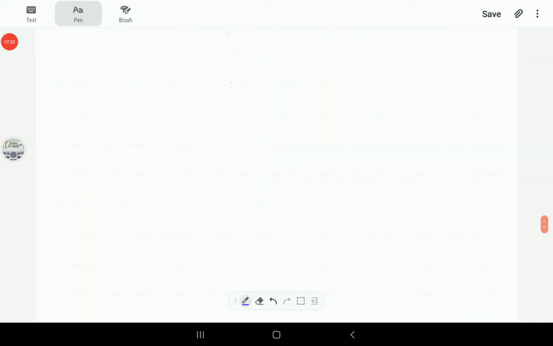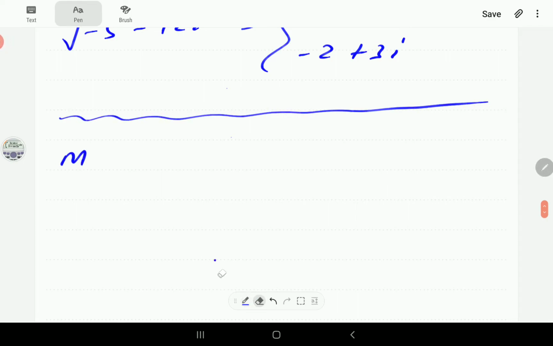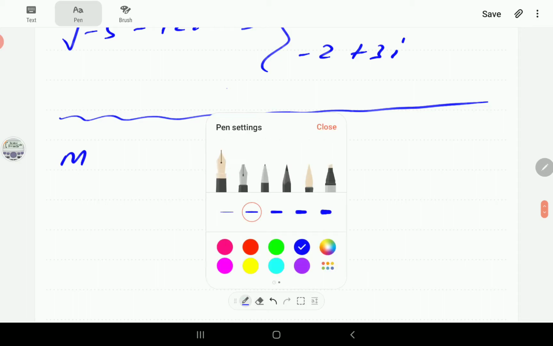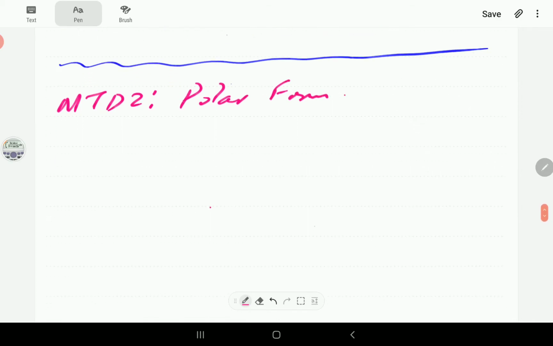In the second method, of course, we're going to use the polar formulation and De Moivre's theorem and the formula that we introduced in the previous three videos. So in method 2, we use the polar form.